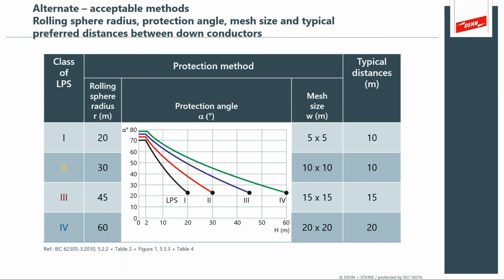Depending on your structure, it may be easier to do one or the other. Complicated structures actually benefit from the rolling sphere method because it lets you strategically place lightning rods on structures for the most efficiency, for both attachment and the cost of the system.